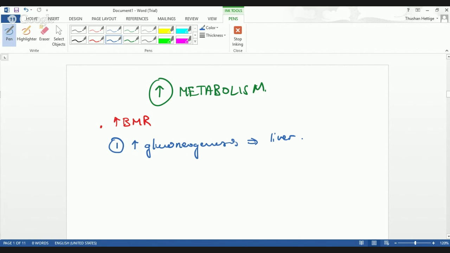But interestingly enough, it doesn't lead to diabetes because, yes, thyroxine increases gluconeogenesis, but it doesn't impair the sensitivity of peripheral tissues to insulin. So you're not insulin resistant, and your pancreas will appropriately increase its output of insulin. So you still have normal glucose levels.